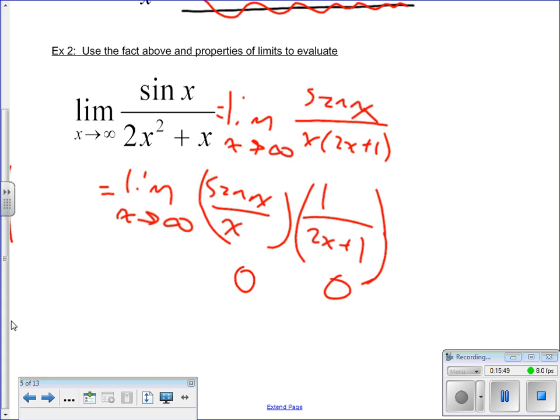The limit of two things multiplied is the limit of the first times the limit of the second one. I get 0. So you can look at them algebraically. You can't evaluate it from plugging numbers in. This is one where you have to intuitively go, what's happening when I put in really big numbers?